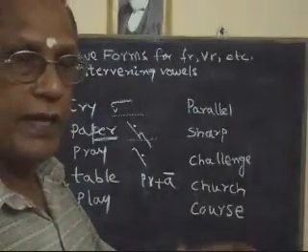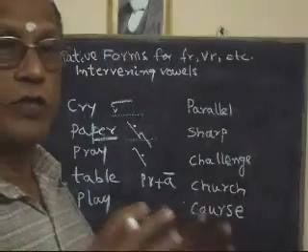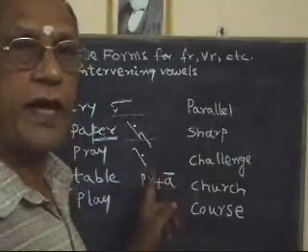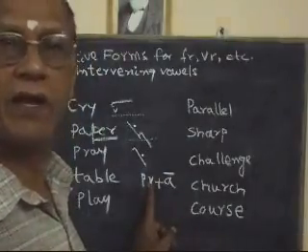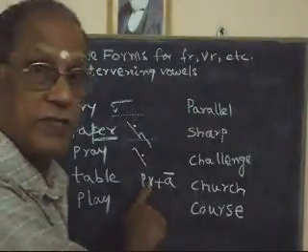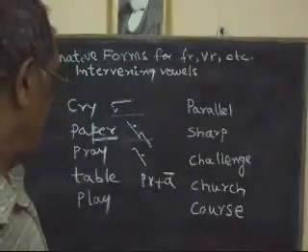Observe how the word is sounded and how the consonants are pronounced. There is no time gap. Pray. No. Pray. Quick. So here, what I am saying is, there is no time gap.